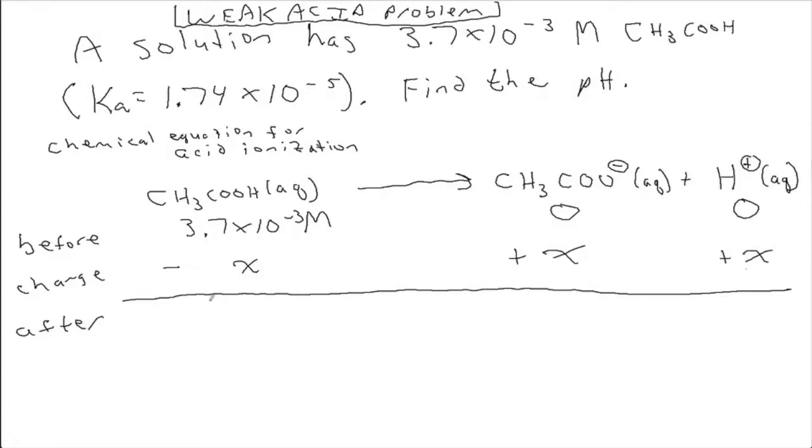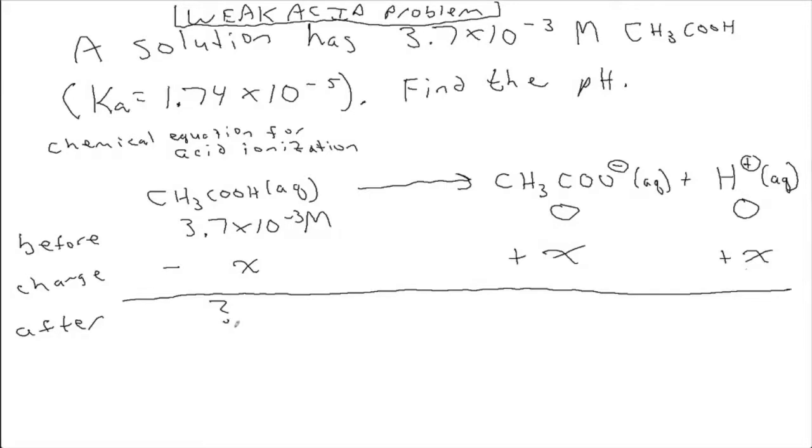So then what goes here? X. I think you're not understanding the table. Remember, this is a before, change, after table. How would we figure out what goes here? 0 molar. No, we're not understanding. How much did we start with? 3.7 times 10 to the negative third.